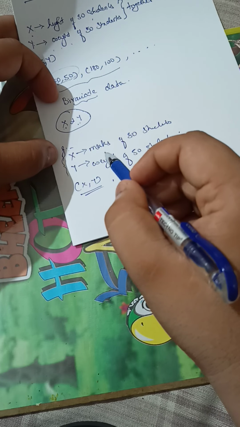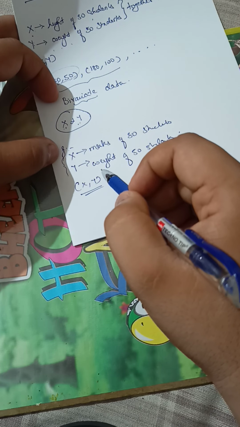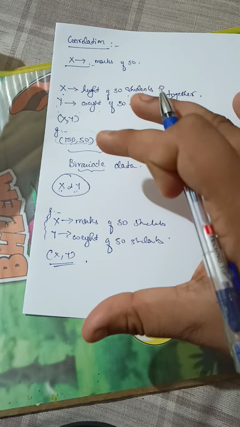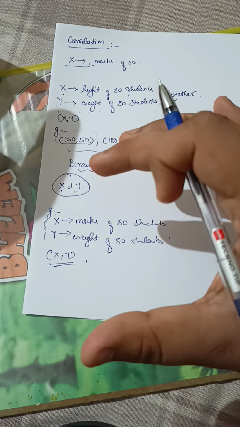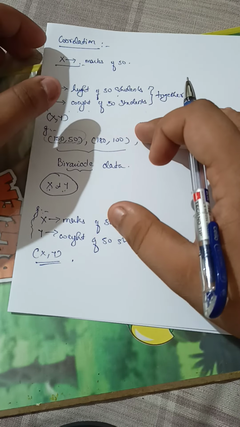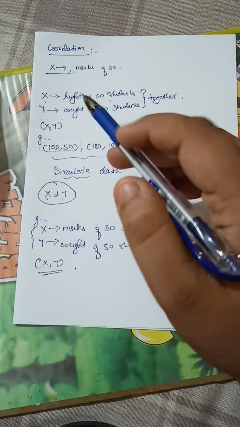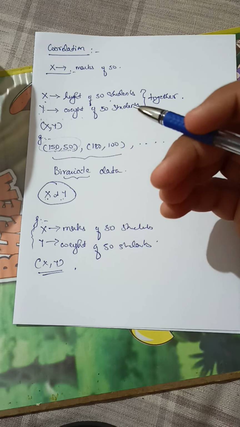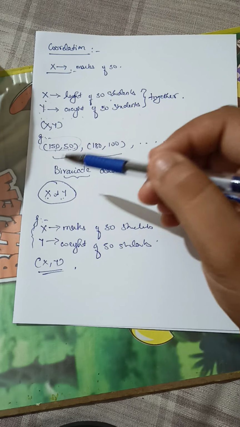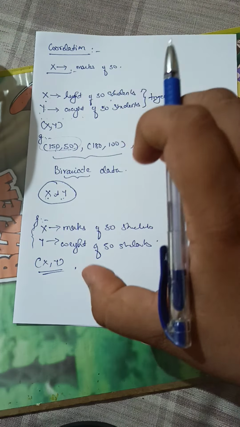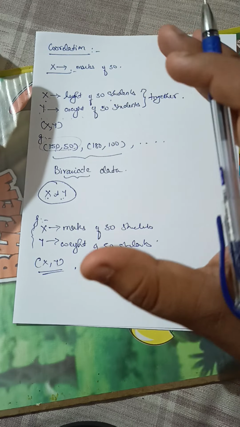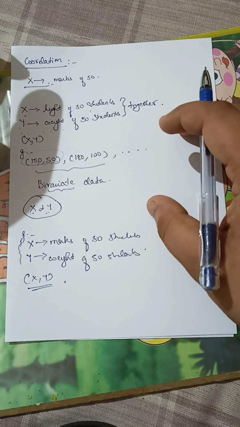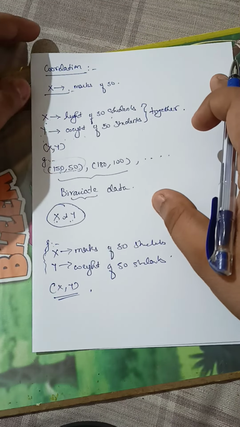Marks are not related to weight. So we have to study the amount of relationship between random variables. In correlation, we study the relationship existing between two or more random variables. This is the basic idea behind correlation.